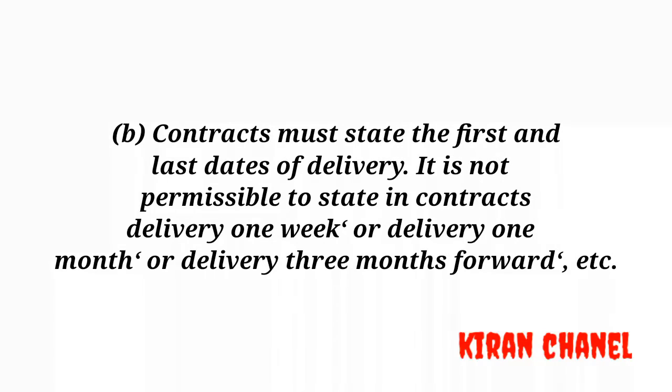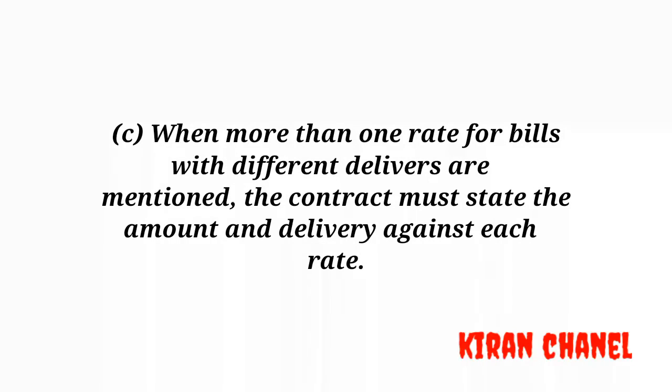B. Contracts must state the first and last date of delivery. It is not permissible to state in the contract delivery 1 week, or delivery 1 month, or delivery 3 months forward each. C. Where more than one rate for bills with different deliveries are mentioned, the contract must state the amount and delivery against each rate.